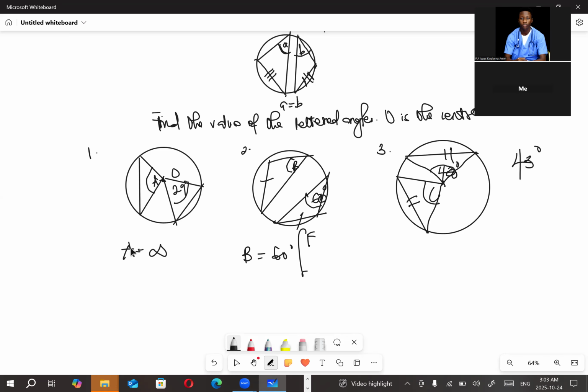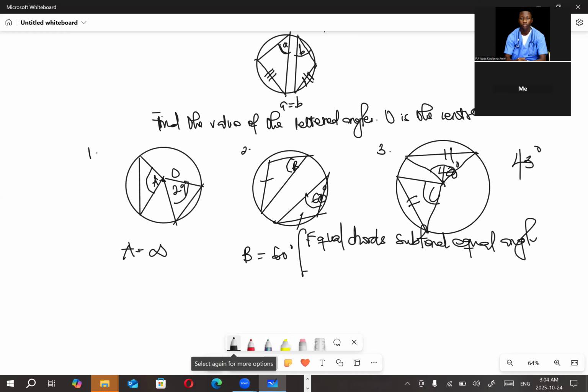So equal chords subtend equal angles at the circumference.